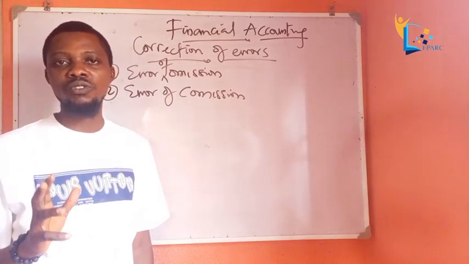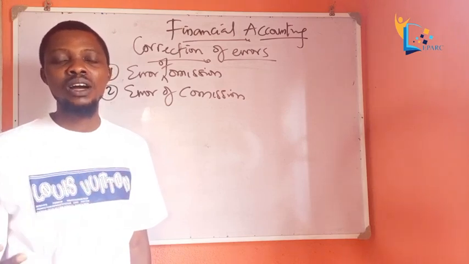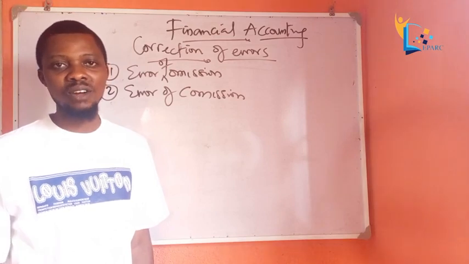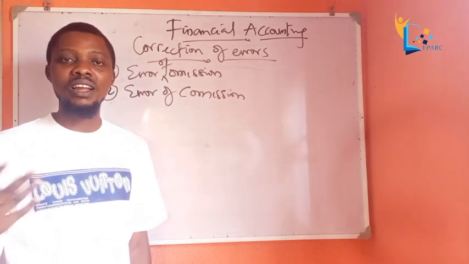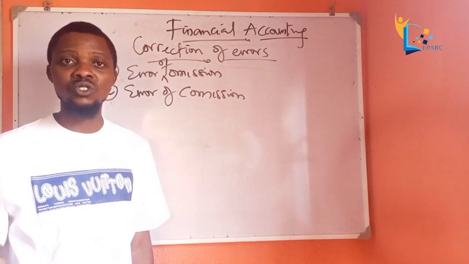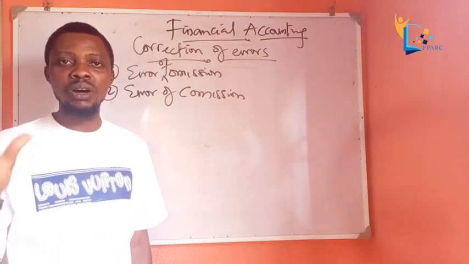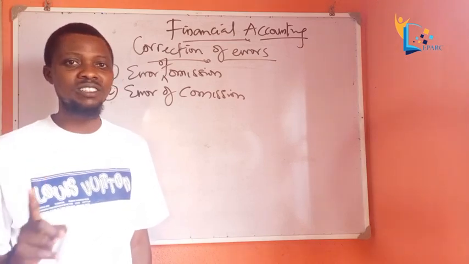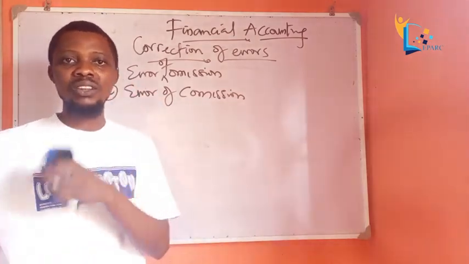When we talk about correction of errors, most of these errors arise from classes of accounts. There's the video we did on classification of accounts. I'm going to share that link in the description section so that you go and watch that class, where we talked about the real accounts, the nominal accounts, the person's accounts, and all that.